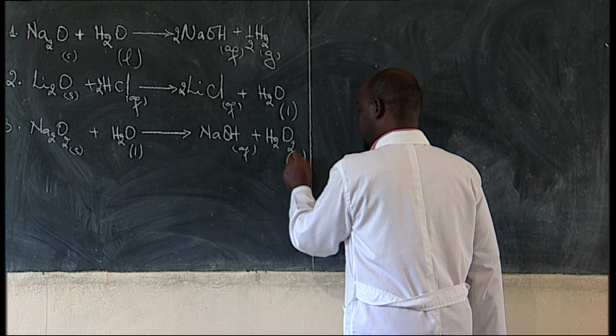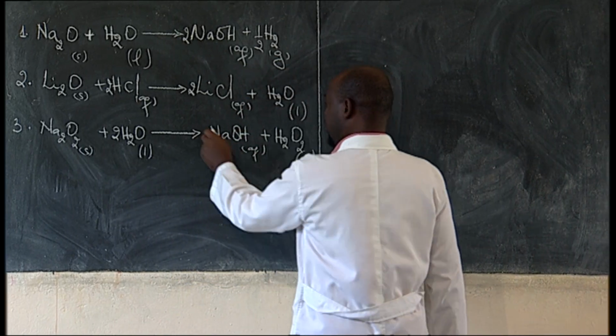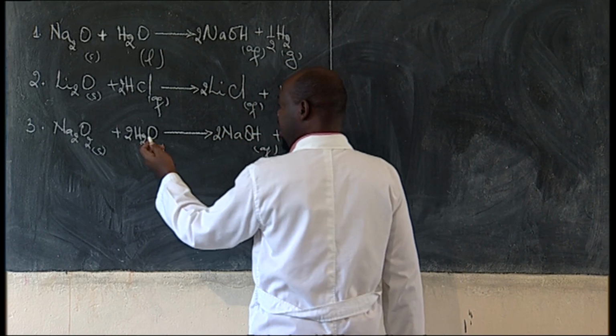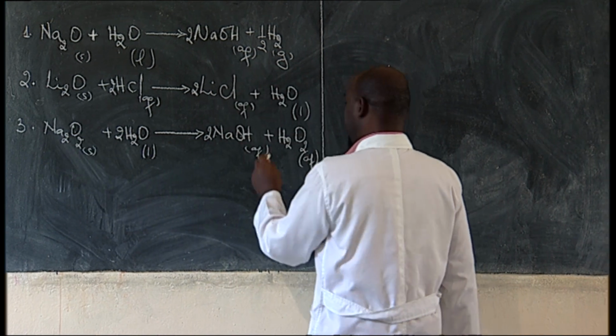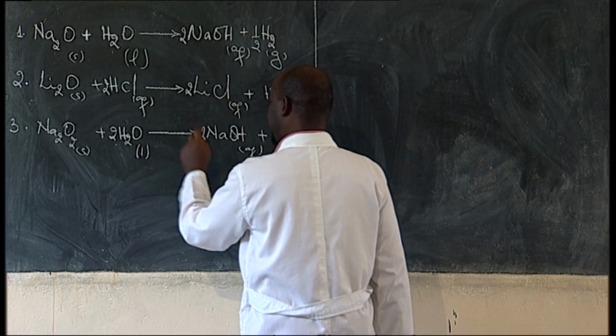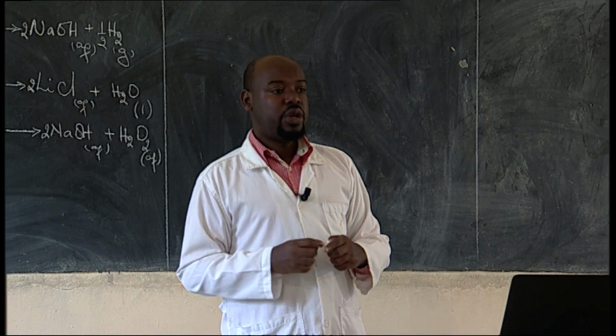Let's say it is in aqueous form. And here we use 2. So we have 2, I think the equation is balanced, 4 oxygen atoms. Here we have 4. And the hydrogen atoms, we have 4 and 4. Here we have 2 sodium atoms. And on the other side, we also have 2 sodium atoms.